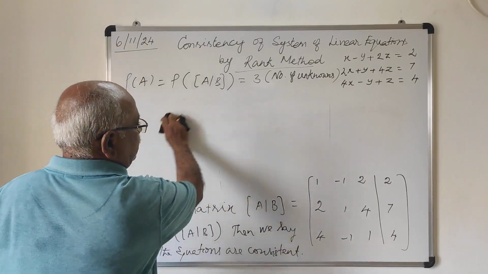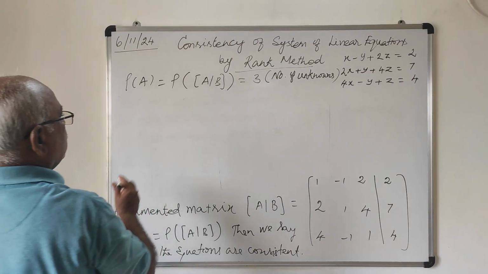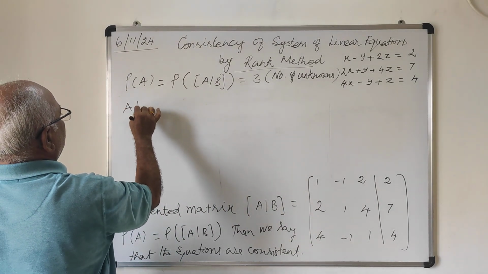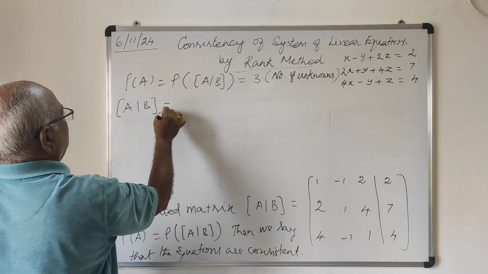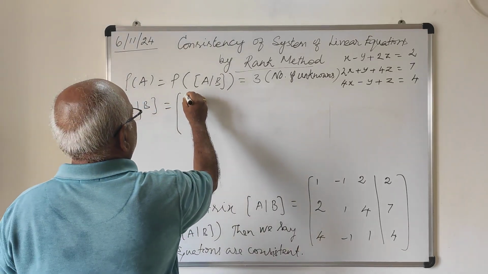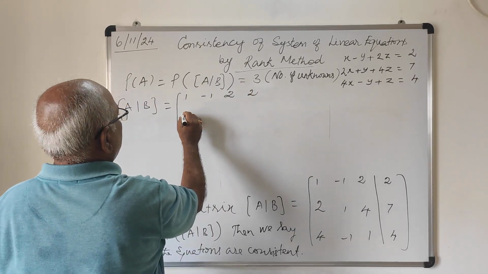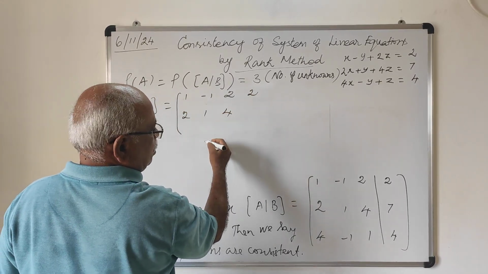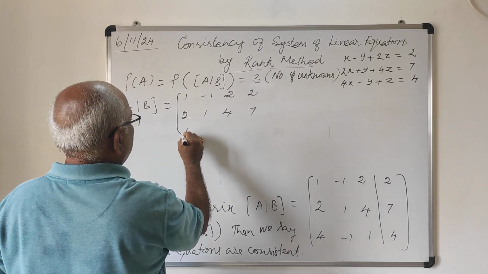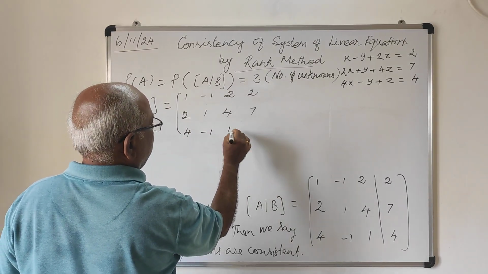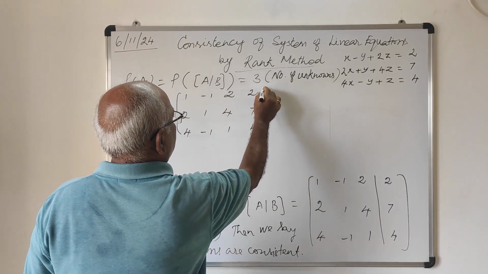The augmented matrix is AB equal to [1, -1, 2, 2; 2, 1, 4, 7; 4, -1, 1, 4].